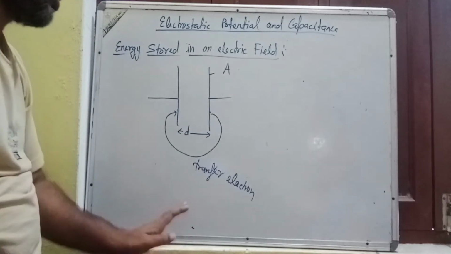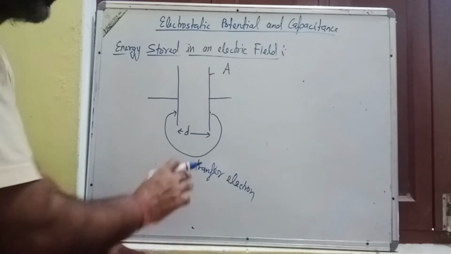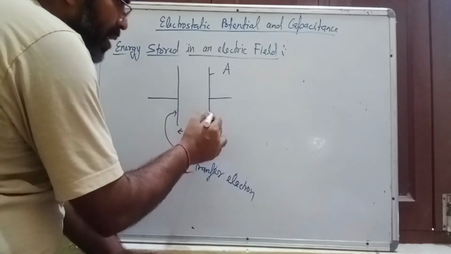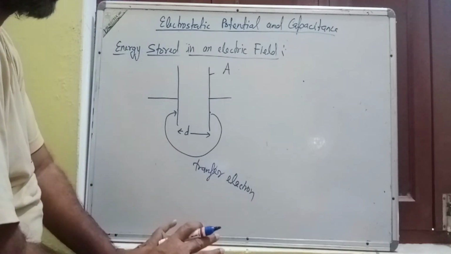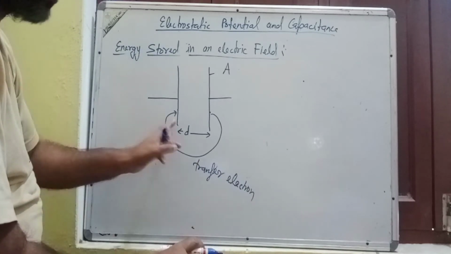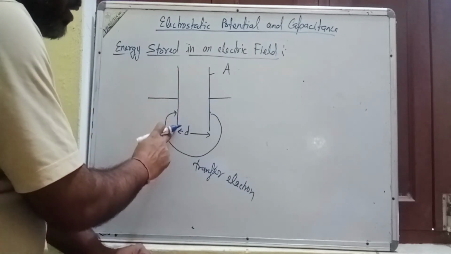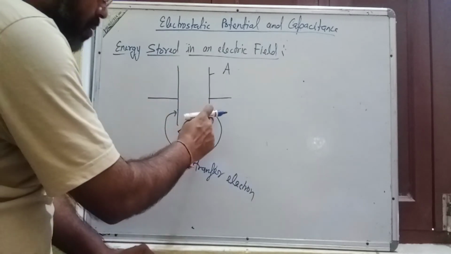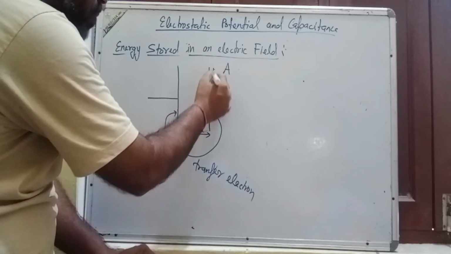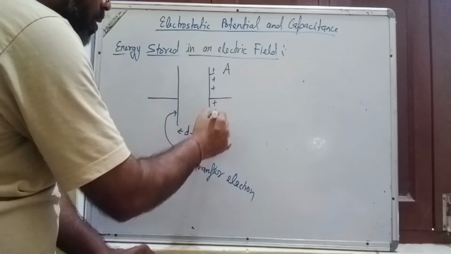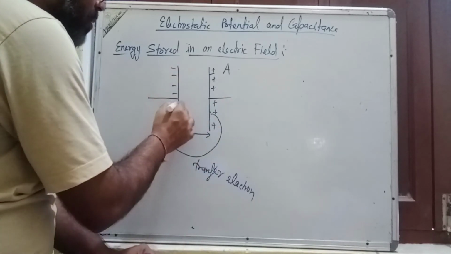When we do this, there will be work done. Initially, when some electrons are transferred, there will be no work done. But after some time, charges accumulate: this plate will become positive, while the other plate will become negatively charged.